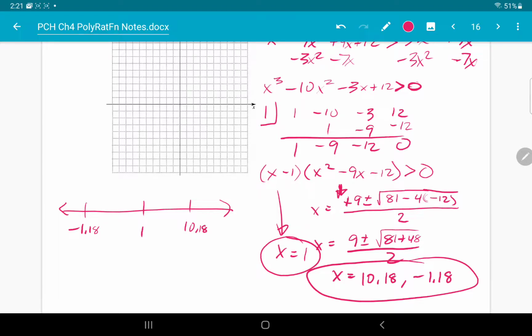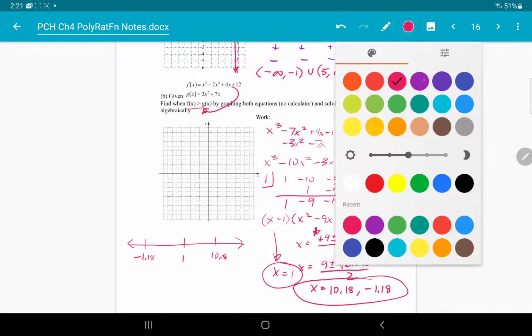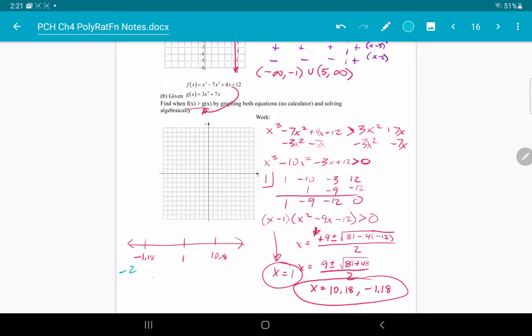All right, so plugging in numbers. Let's say we plug in test values of negative 2, 0, 2, and 11. What I'm going to do is plug it into this statement here and just see when that is greater than 0.